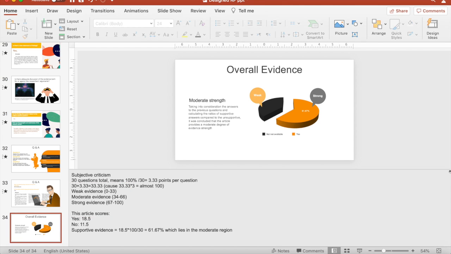This article scores 18.5 for the yes, for the strengths, and 11.5 for the no, or the weaknesses. Therefore, to evaluate the supportive evidence, I take the 18.5, multiply it by 100, and divide by the 30 questions, and it gives me 61.67%, which lies in the moderate region. Therefore, our evidence is of moderate strength.